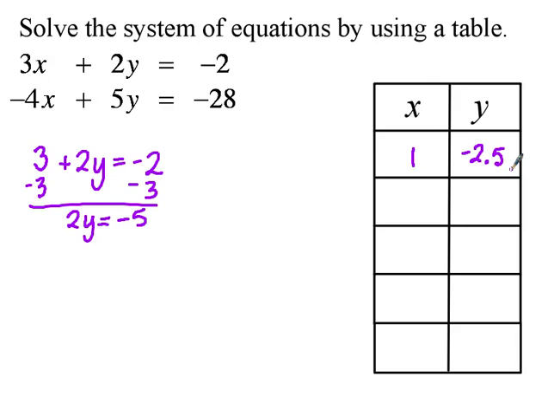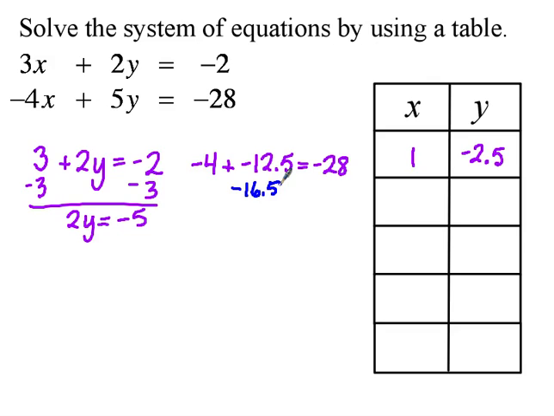If I plug in 1 for x, I get negative 4. If I plug in negative 2.5 for y, I get, what is that, negative 12.5? Does that equal negative 28? Nope, doesn't. Okay, so we're close. It's actually negative 16.5. So we need to get a little bit bigger.